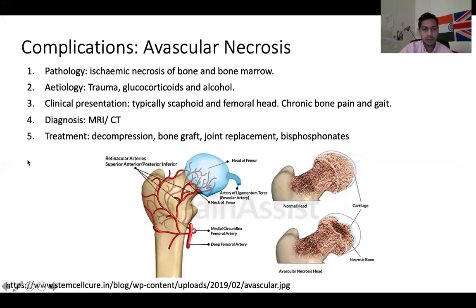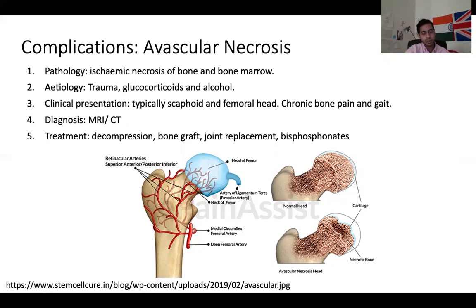And then the final bone pathology that I want to talk about, which is also a complication, is avascular necrosis or aseptic necrosis. So this is ischemic necrosis of the bone and the bone marrow.